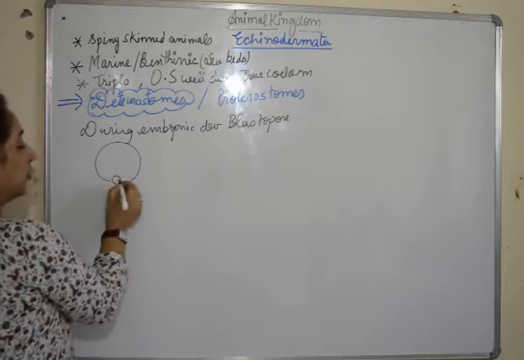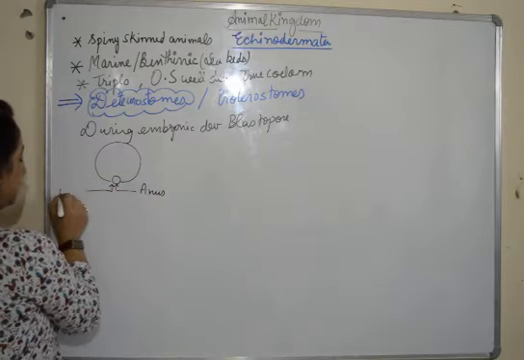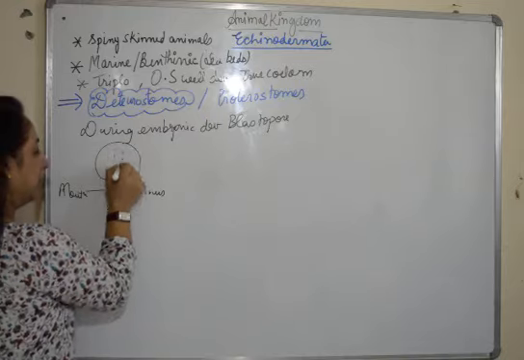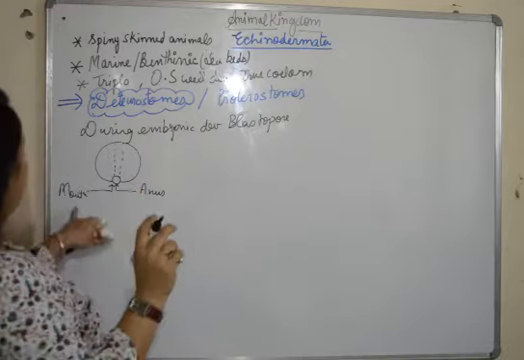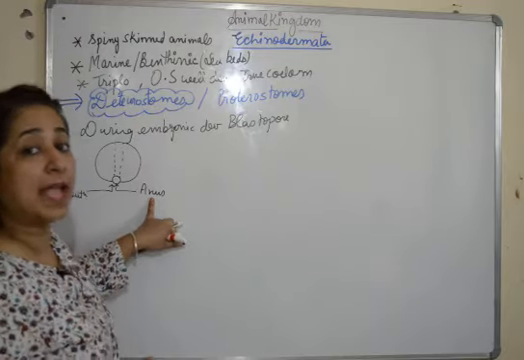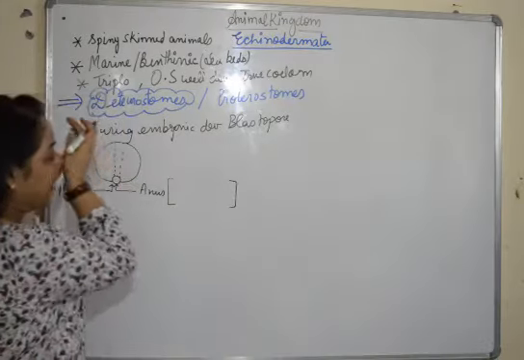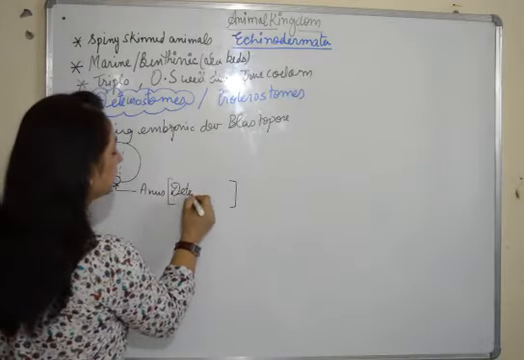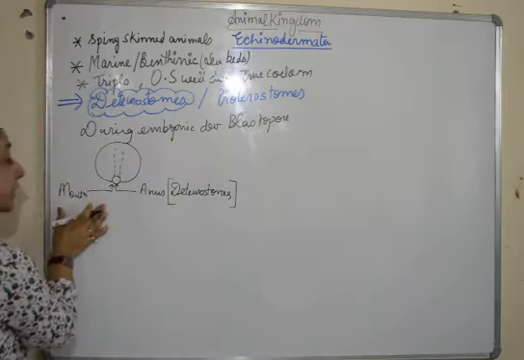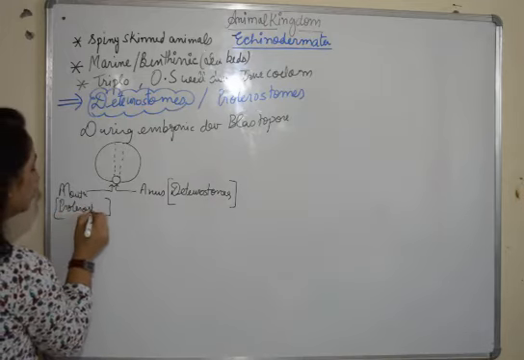Either this blastopore will form an anus or it forms the mouth, and then this tube, and finally the other opening. So mouth and anus, two structures can be formed from the blastopore. In the organisms where it forms the anus, those are known as deuterostomes, and wherein it forms the mouth are known as protostomes.